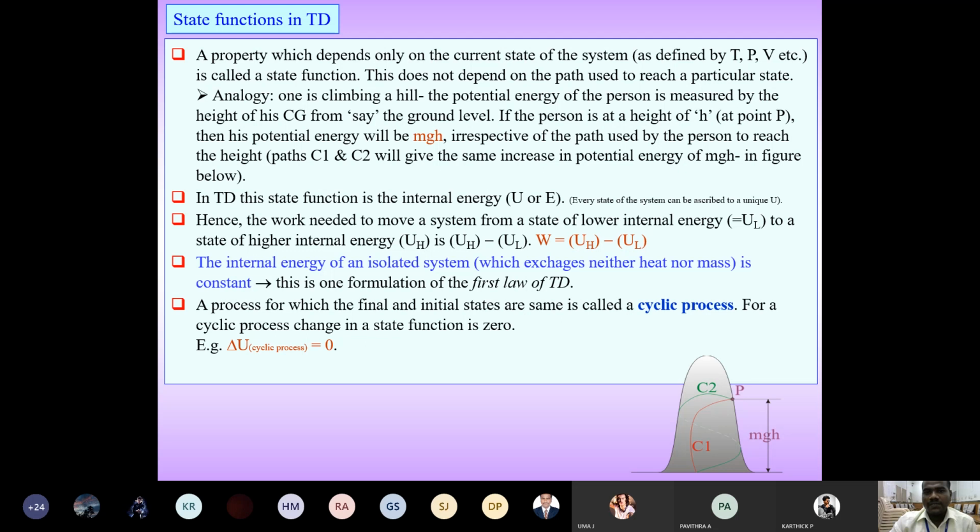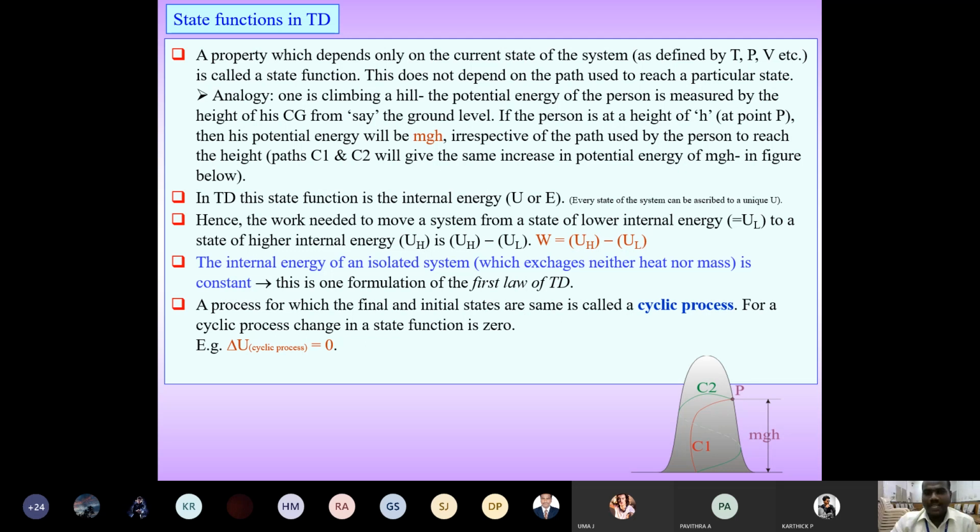The potential energy of the person is measured by the height of the center of gravity from ground level. One is climbing by these two ways. Here we have path C1 and another path C2 to get to point P. So from ground level to point P, the person is climbing in two ways, two paths.